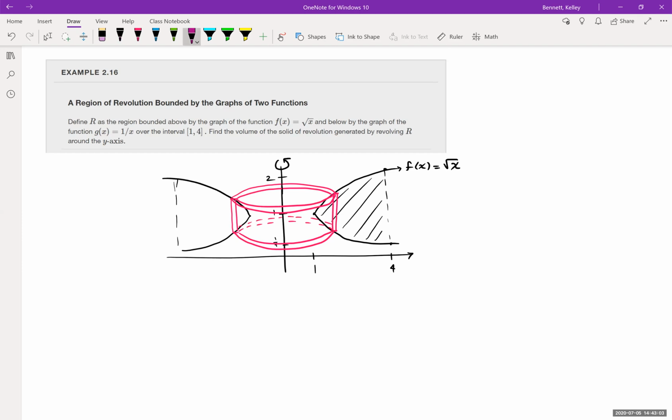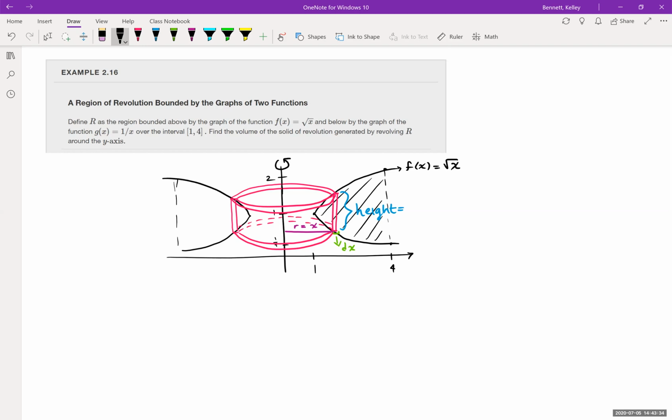So that's my cylinder. And to figure out what the volume of this cylinder is, we're going to have our radius r, which is just the distance from the y-axis to some point x. So it's very simply just x. And then we also have our little width here. That's just dx, a small change in x. And the thing that's different this time is the height. So the height here is just the distance from f of x to g of x.